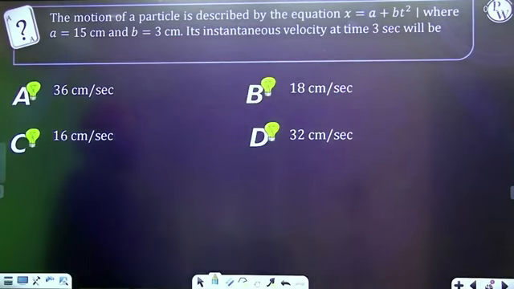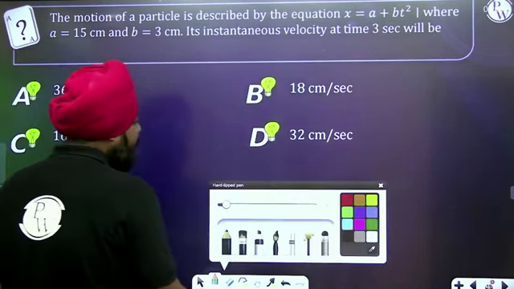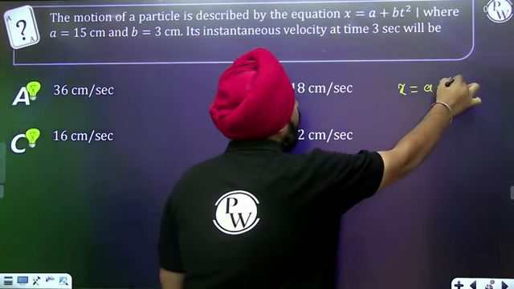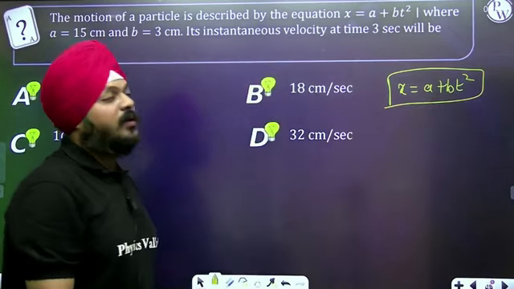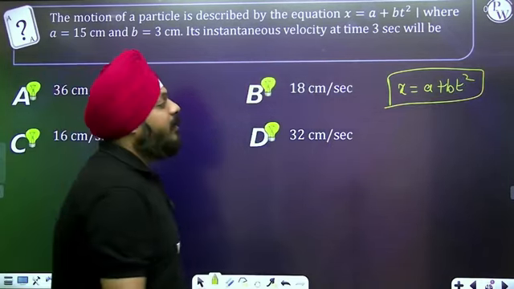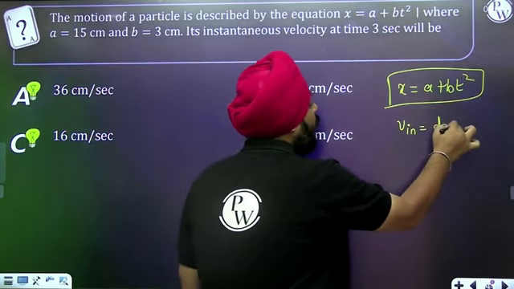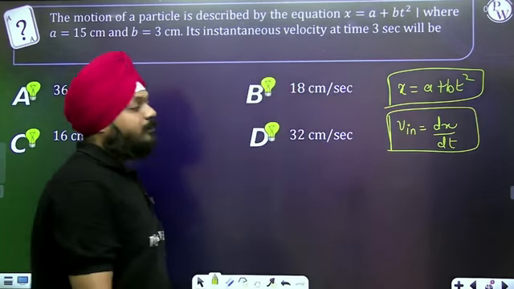The motion of the particle is defined as x equal to b t square. The instantaneous velocity will be what? The position of the particle changes with respect to time. The formula of instantaneous velocity is v instantaneous equal to the differentiation of position with respect to time.